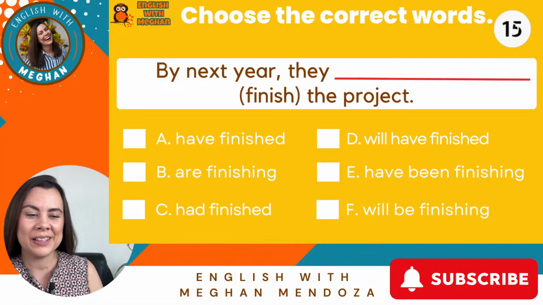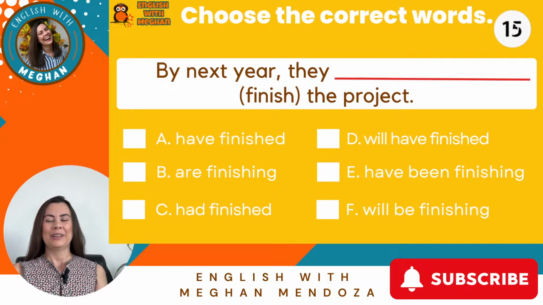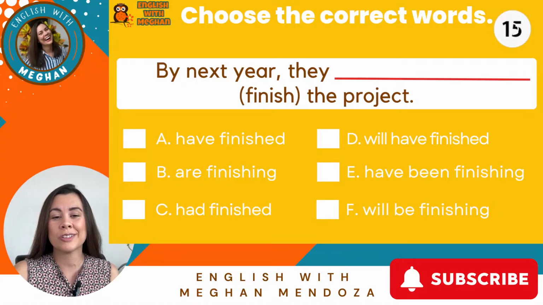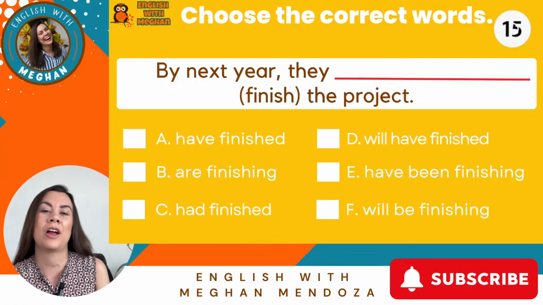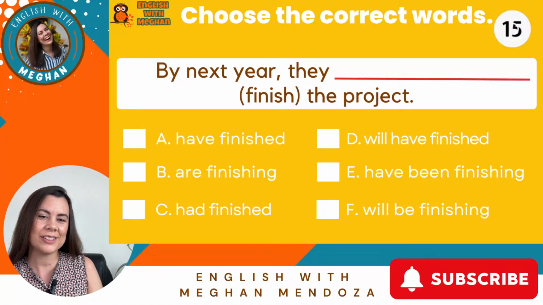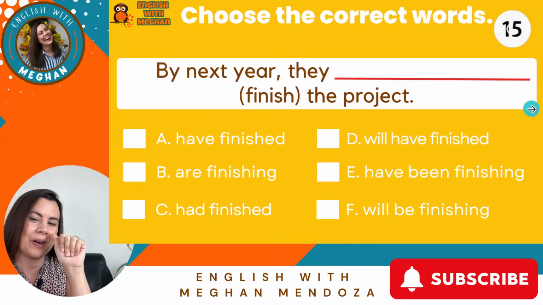A, B, C, or D, or E, or F? Remember, we look at our time clause. Clause just means group of words, right, to figure out our answer. So I'll give you 5 seconds. 5, 4, 3, 2, 1.